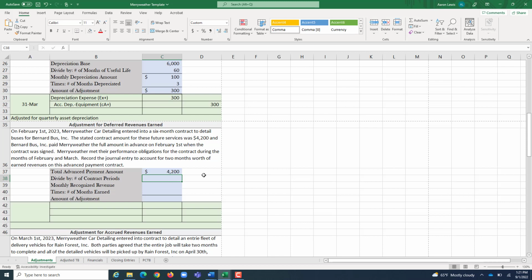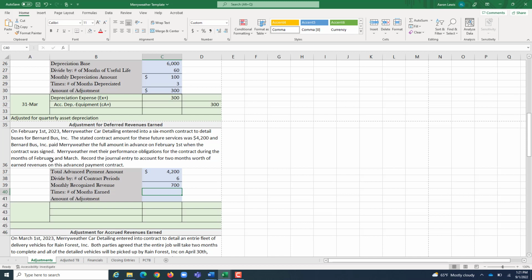If we're getting $4,200 for a contract that is expected to take us 6 months to complete, and we're going to recognize revenues in a straight line, that means we should be recognizing $700 worth of actual revenue per month for this contract. We're making this adjustment on March 31st. We started working on this on February 1st.